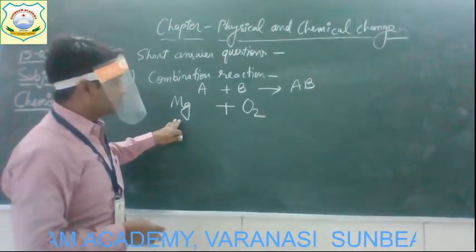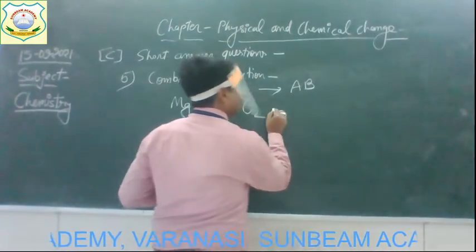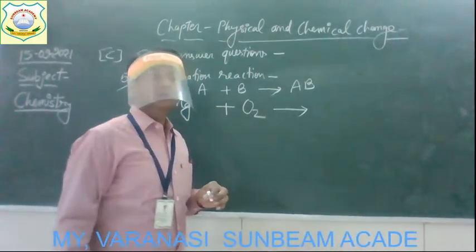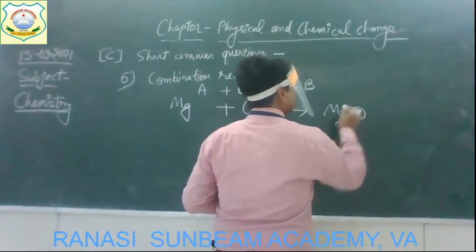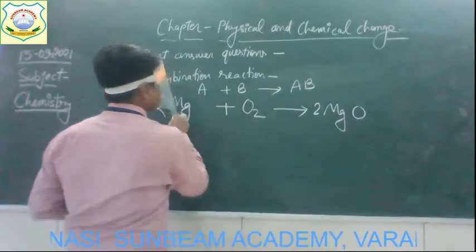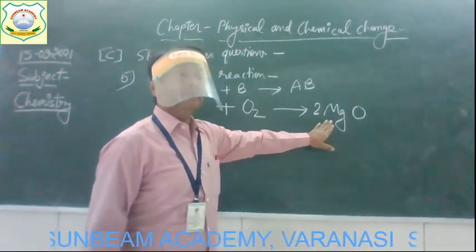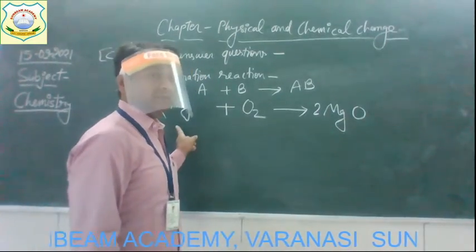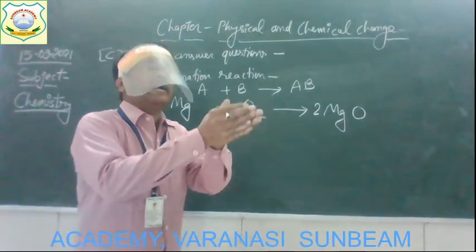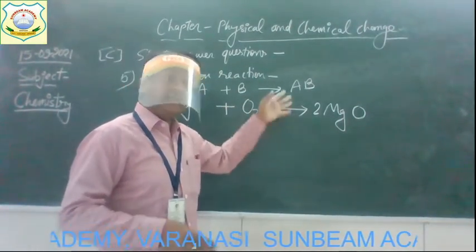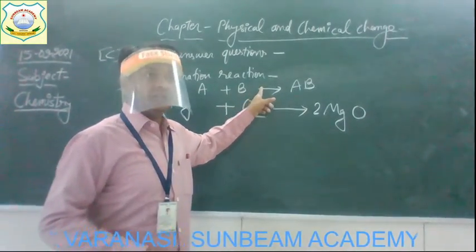So magnesium and oxygen both react chemically and form a compound, magnesium oxide. This magnesium oxide is made up of two elements, magnesium and oxygen, which combine together in this compound. That's why such reactions are known as combination reactions.